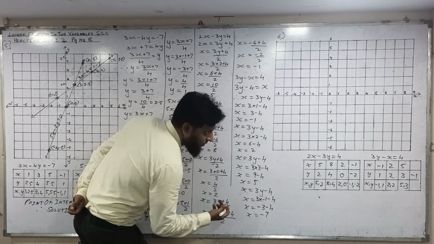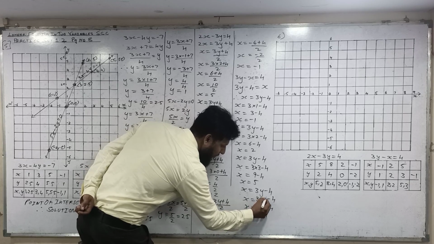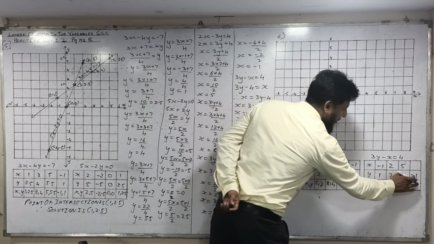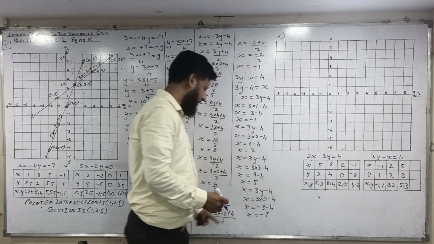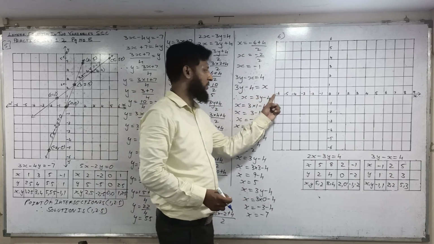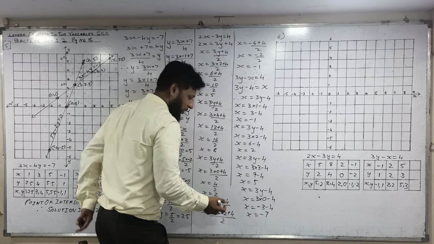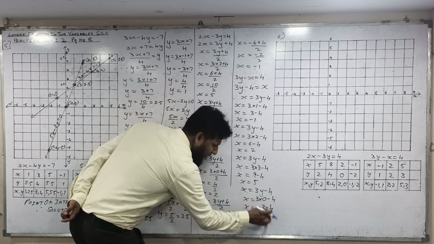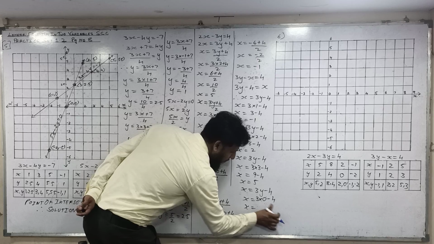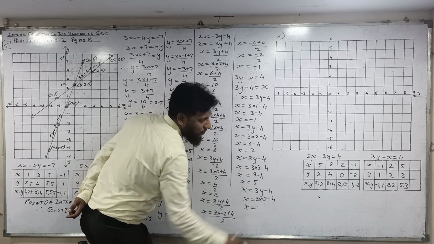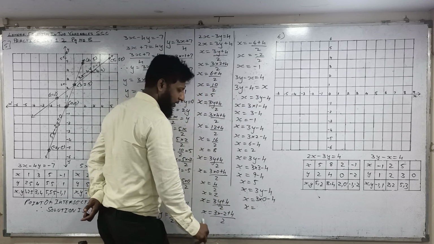We'll take y = 0. Now I am changing it, because minus 7 is not possible in your graph paper; above, we have written only till minus 6 for the x value.